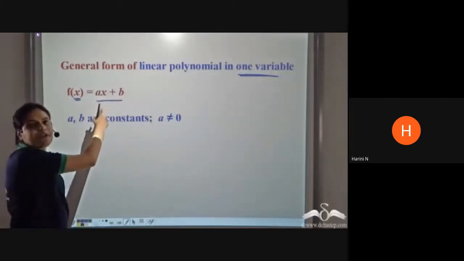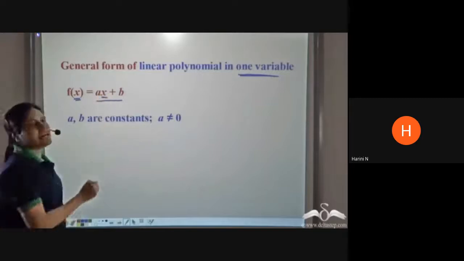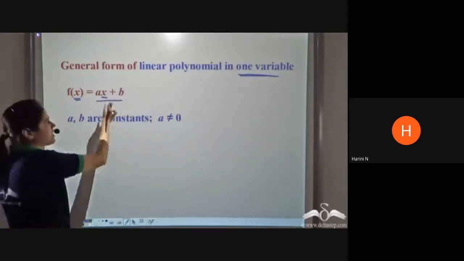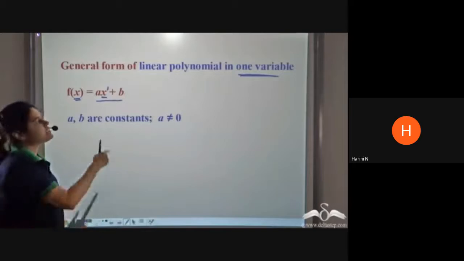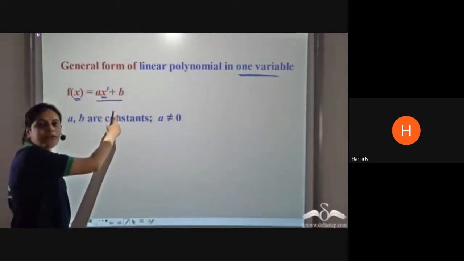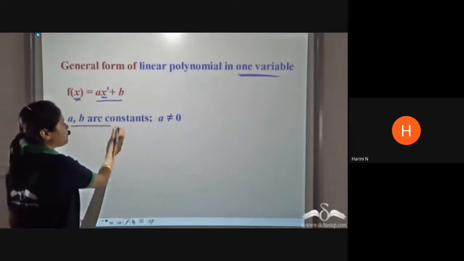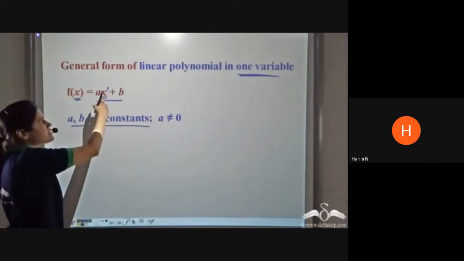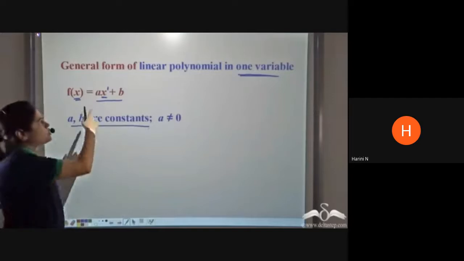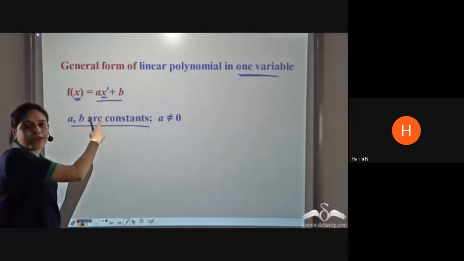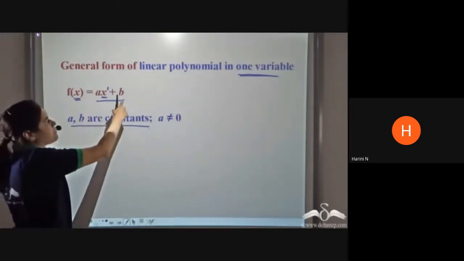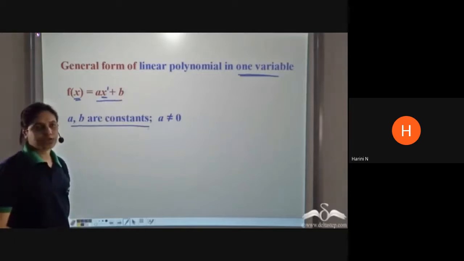We just have one variable x and the highest power of x is 1 here. A and b are constants, whereas x is a variable. So a is the coefficient of x, it is a constant, and b is also a constant.